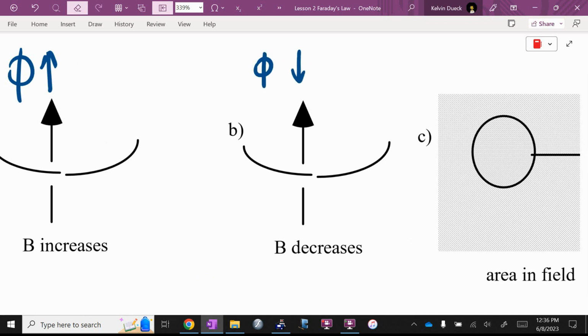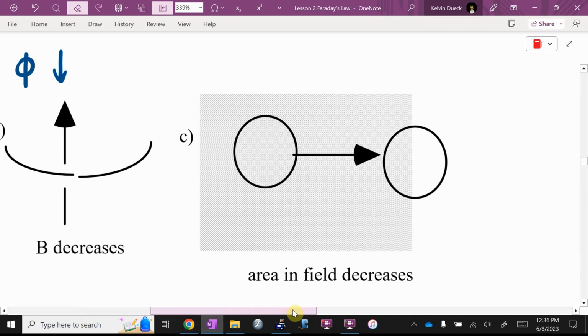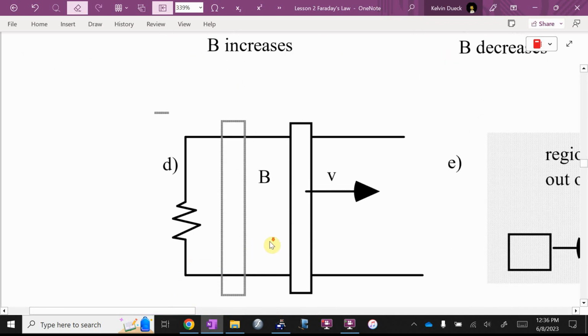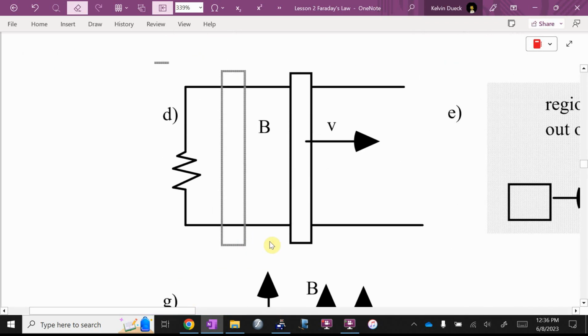Those are the easy ones. Now let's, what about here, where the area of the coil that's inside the magnetic field is getting smaller? What's happening to the magnetic flux then? Yeah, flux is decreasing here. D. What about here?